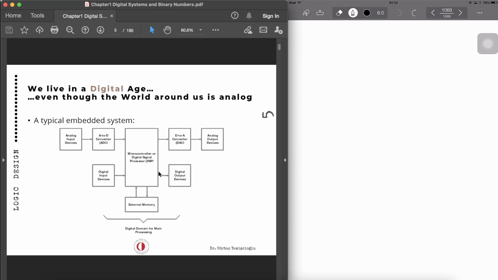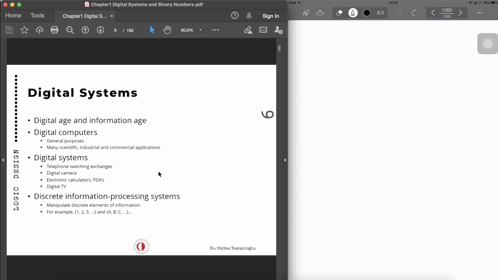Okay, so when we talk about digital systems and the digital age, there are general purpose computers, commercial applications like robotics, maybe supercomputers for scientific research, or simple consumer electronics, telephones, digital cameras, electronic calculators, etc. These are all part of our digital world nowadays.